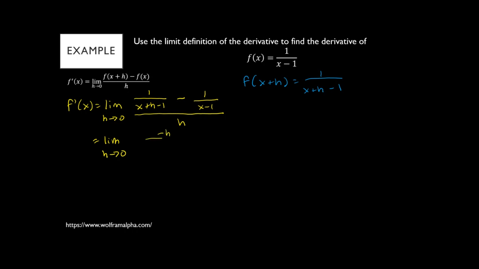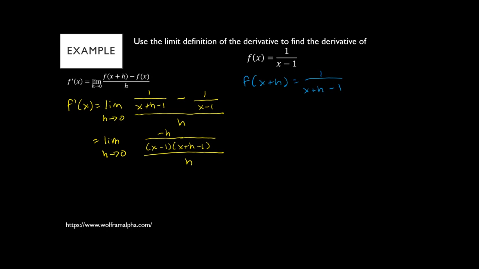We got negative h over (x minus 1)(x plus h minus 1), over h. So we basically have a complex fraction here where you're dividing a fraction by a fraction.